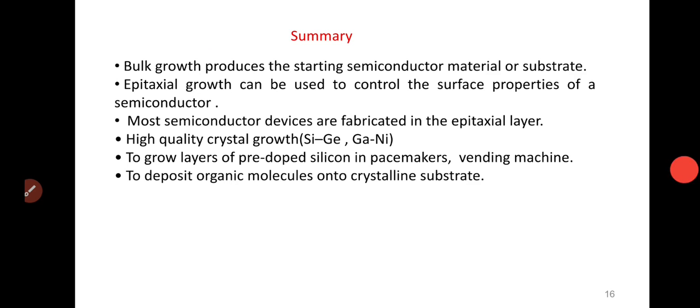Most semiconductor devices are fabricated in the epitaxial layer. And with this method, high quality crystal growth is possible. To grow layers of pre-doped silicon in pacemakers and vending machines, this technique is useful. And it is possible to deposit organic molecules on a crystalline substrate by using these epitaxial growth techniques.